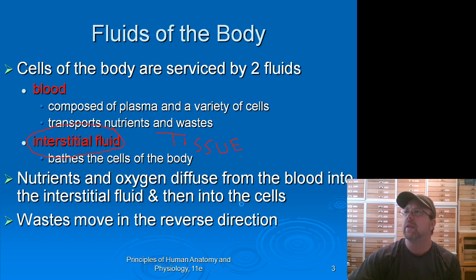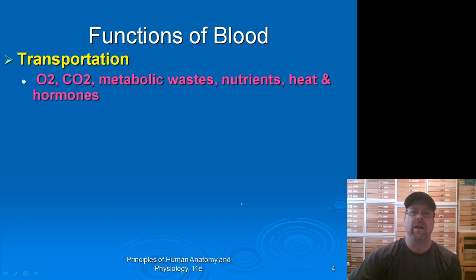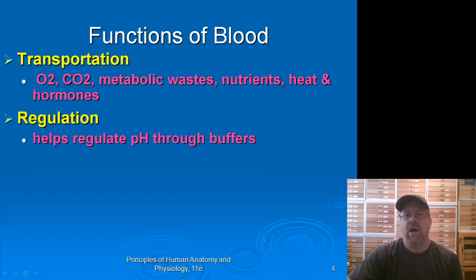All right, pretty cool. So let's look at the functions of blood really quick. You pretty much know that blood is going to be transporting stuff. So transportation: we're going to move waste products, nutrients, and oxygen. We can transport and redistribute heat. Blood is also a regulation center.